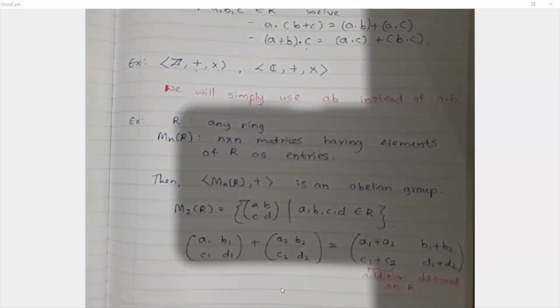First of all, it is closed under addition. All these entries once again belong in R because R is an abelian group under the addition that's defined on it.